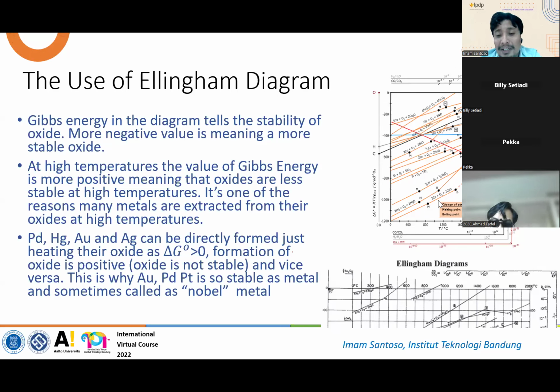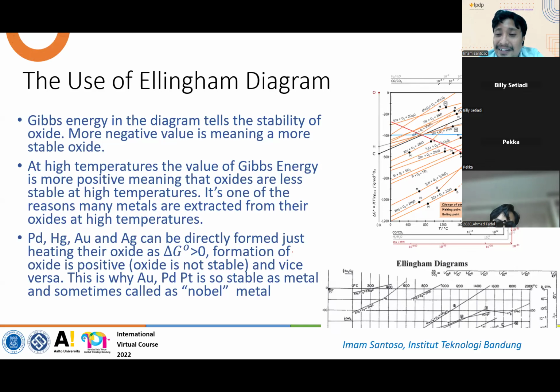For example, at 400 Celsius for calcium it is around maybe 600, and then at 1200 it becomes 1000. At higher temperature, the Gibbs energy of calcium oxide becomes more positive. It means calcium oxide is less stable at high temperature.